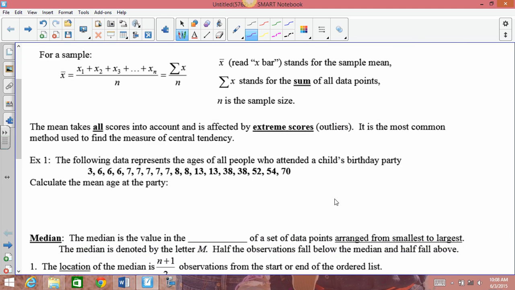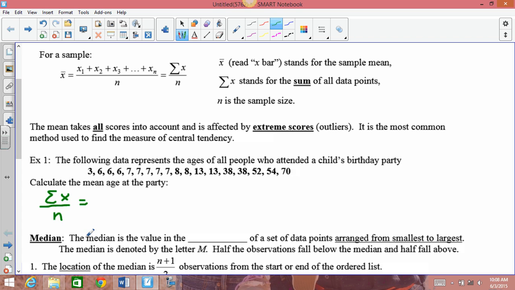So here in example 1, this represents the ages of people that were at a child's birthday party. You can see 3-year-olds, 6, 7, 8-year-olds, on up to those in their 50s and 70s. We want to calculate the mean age at the party, the average age of the party. So, the formula, as I stated before, is to add up all your x's and divide by the number of data points.